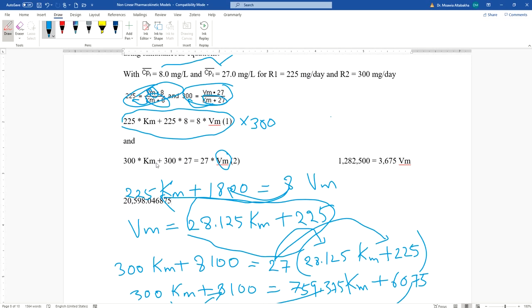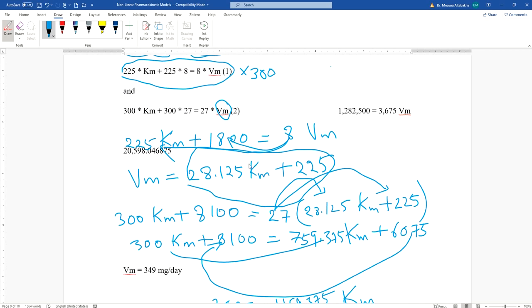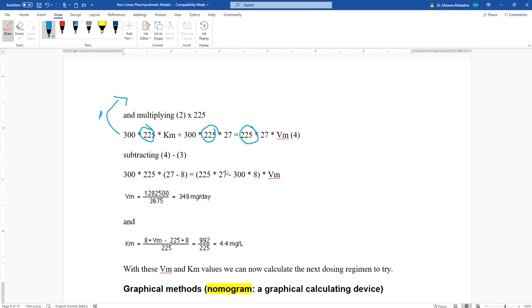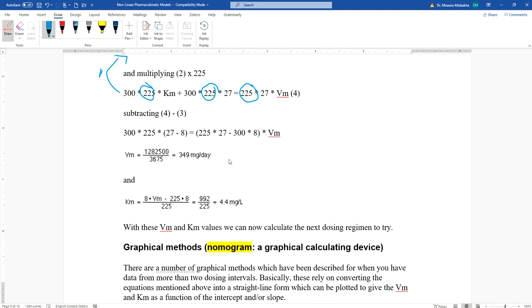Or you can use it here as well. So you use 4.4 here to get your Vm. So this is the other way. It's a similar other way. You can use whatever is more convenient to you. So once you get your Km, Vm will be calculated easily.